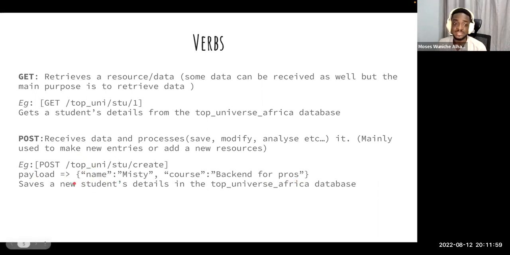What would be expected in a typical POST request is that this JSON we are passing to the endpoint, the top uni students create, is going to be processed into an object of some kind and saved in a database. And that's the main idea of the POST. We want to use whatever we are receiving from the clients to generate or create new resources on our side.